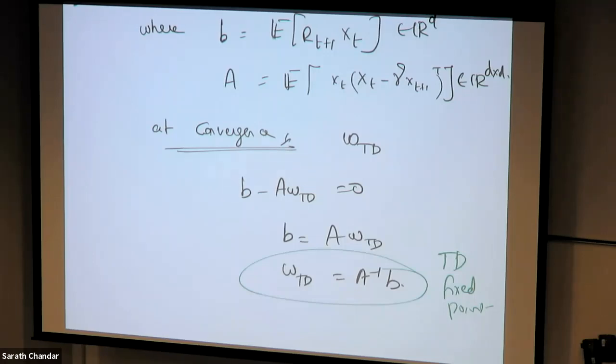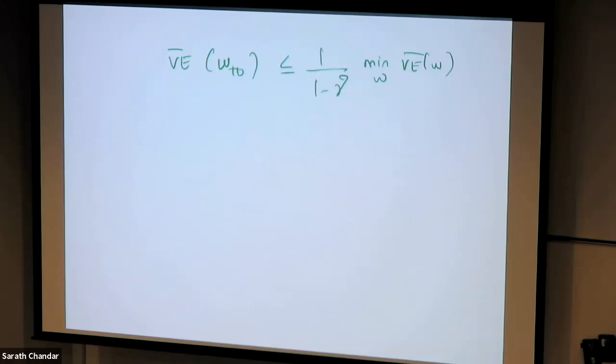Again, I'm not going to prove this, but it has been proven that the VE of WTD is less than or equal to 1 over 1 minus gamma times the min over W of VE. So the solution that you get is within 1 over 1 minus gamma times the true solution.